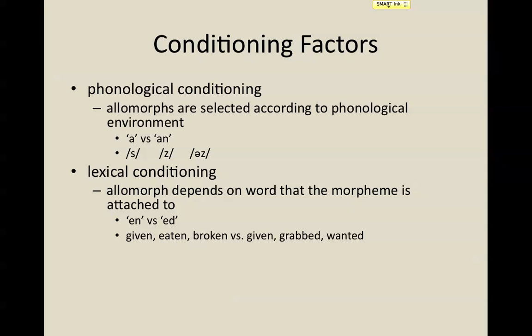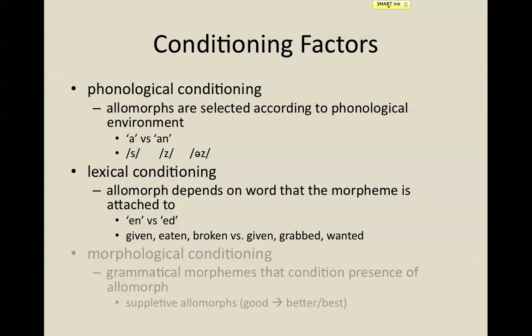So, for example, we have given, eaten, broken versus grabbed, wanted. We can't say givid, eated, or broked, and we can't say grabbin or wannin. So the en and the ed depend on the word that it's attached to. I hope that was clear.